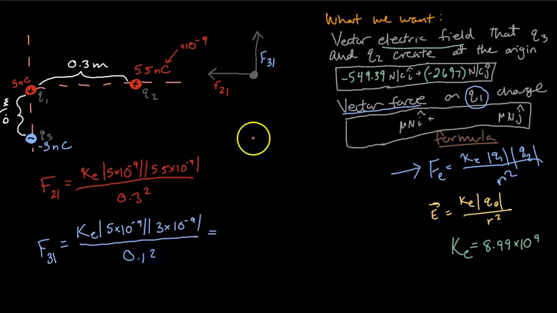And the answers that we should get once we calculate them, in our x direction, since we are just finding the magnitudes at the moment, we should get 2.75 times 10 to the negative 6.